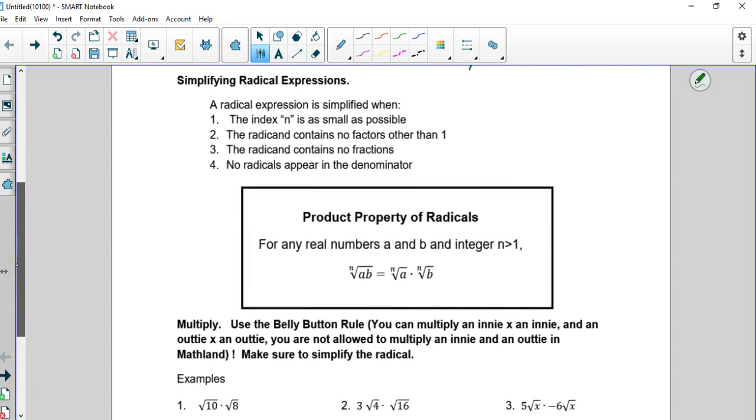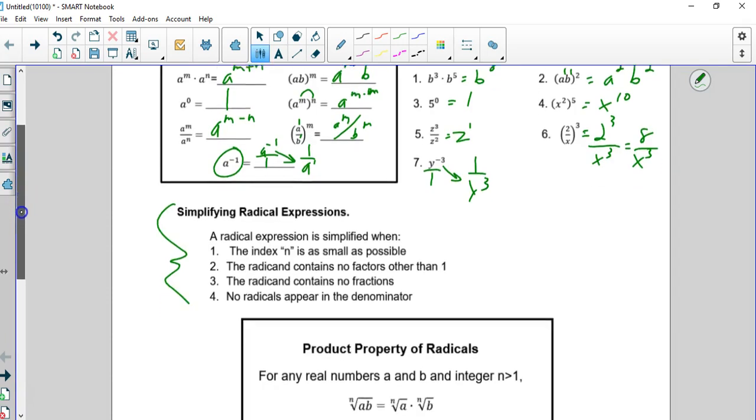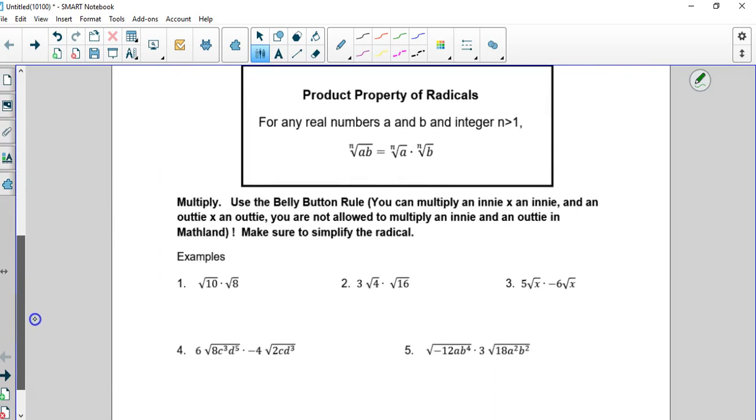Okay, this is what we've had in all the notes so far. Just a reminder, not going to read it to you. So the product property for any real numbers a and b and n indices greater than 1. This goes both ways. If you have the same index number, both squared, both cubes, you can multiply.